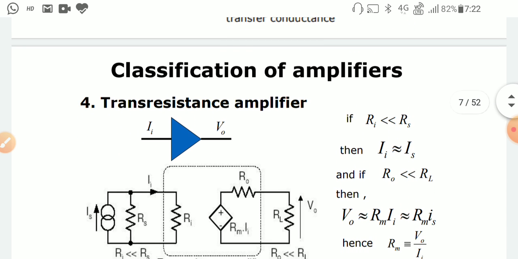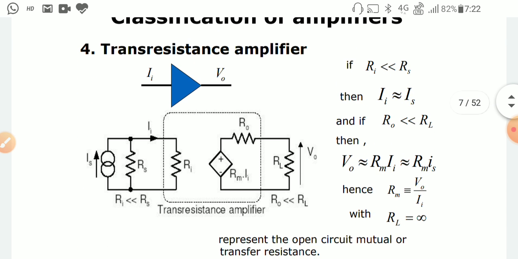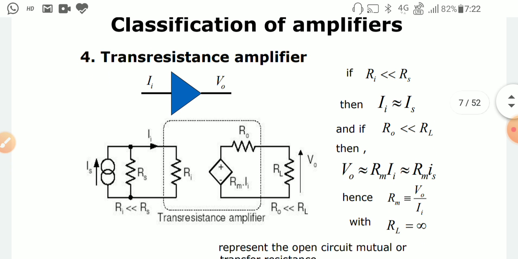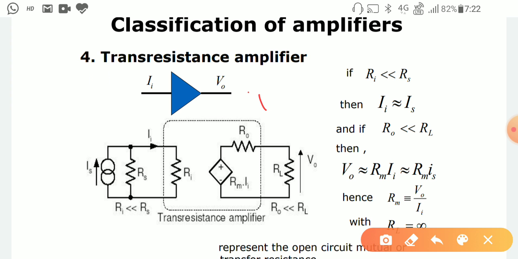Now for the transresistance amplifier, that means the amplifier will work just like a resistive one. To get the resistive value, from Ohm's law, if you look at it from the conclusion point of view, R is equal to V of I by I. This will be defined as the resistance.